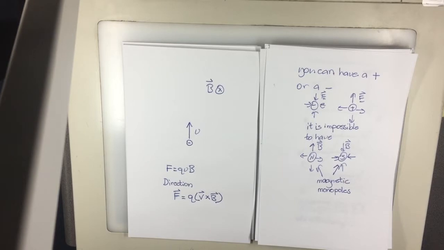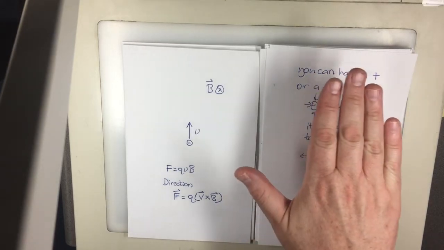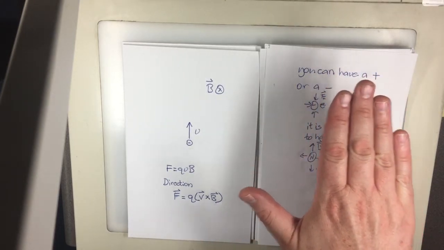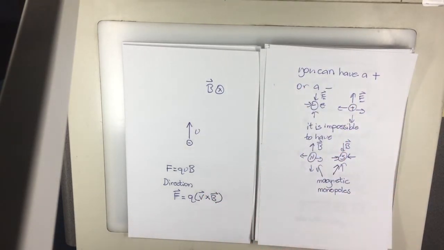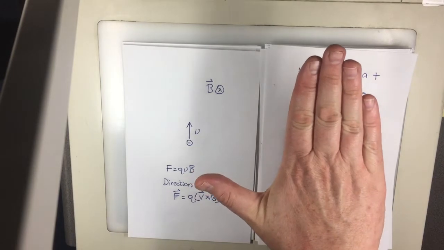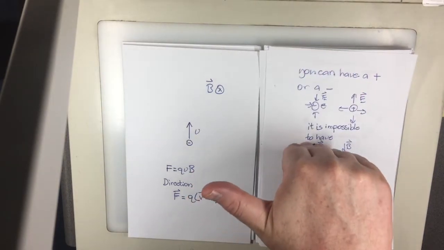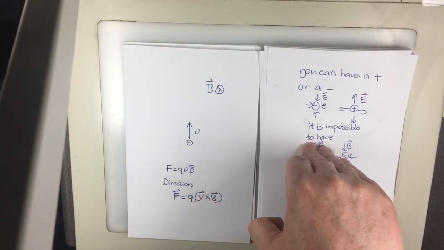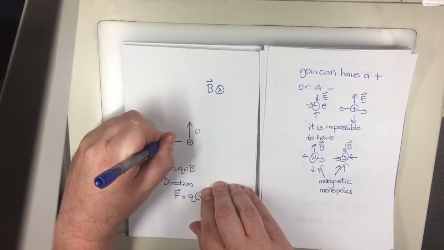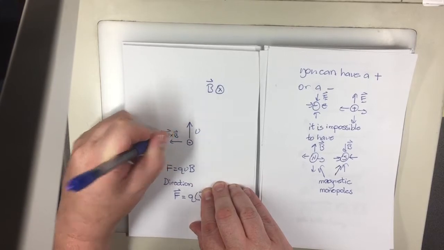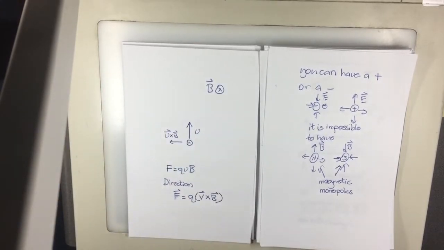So in this particular case, V is towards the top of the screen. B is into the page, which means the thumb... V cross B is to the left.